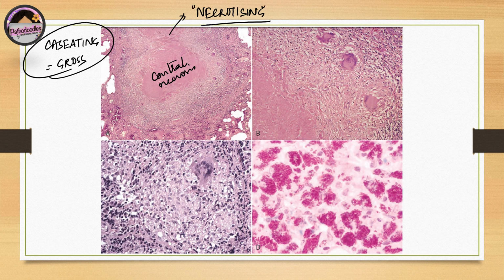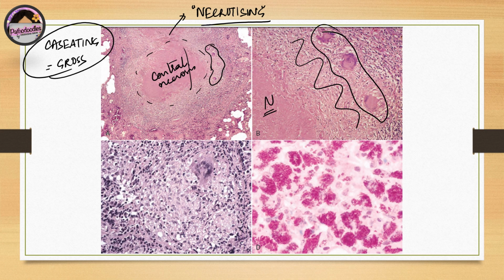Now, around the central necrosis, you can see some pale collection of cells, which is highlighted here. It's the same photograph, and this is the necrosis. And in the periphery, you can see some Langerhans type giant cells. Here again, you can see some dark cells, the dark nuclei. Those are lymphocytes. And then you can see some pale cells here, which are the epithelioid histiocytes.